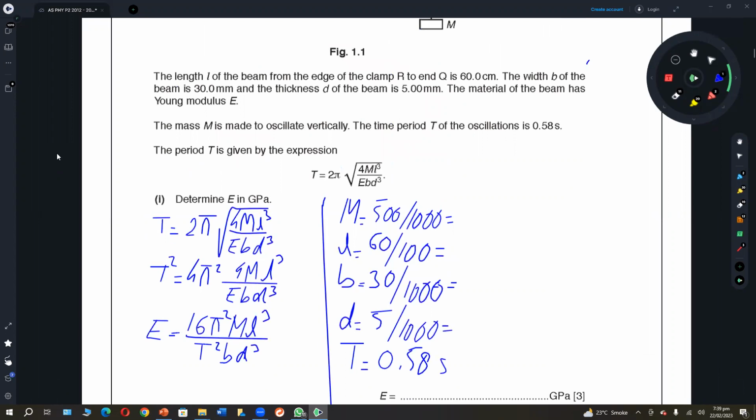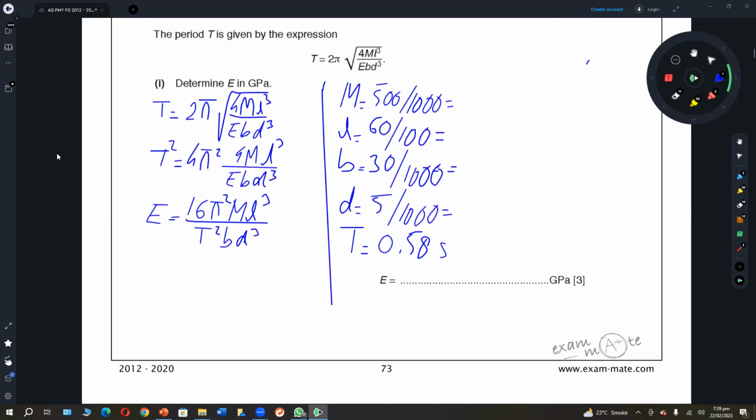And you have to determine capital E. Now you have to put all the data carefully and find E.